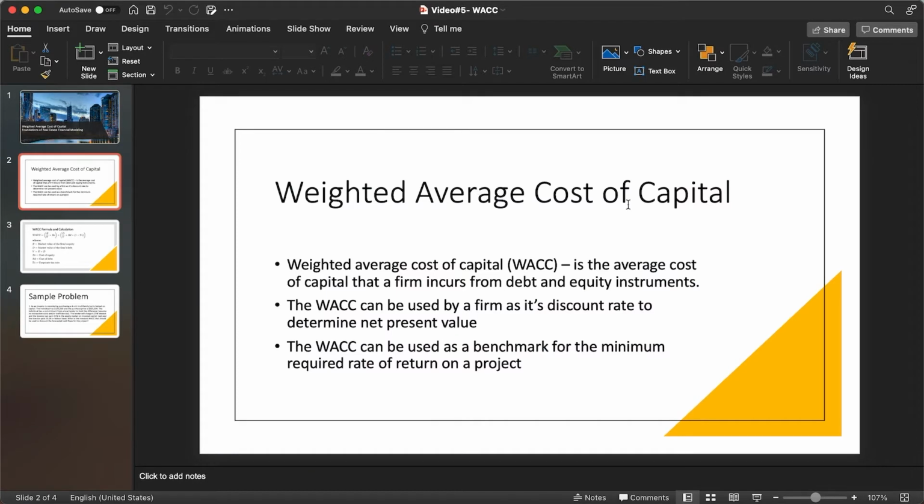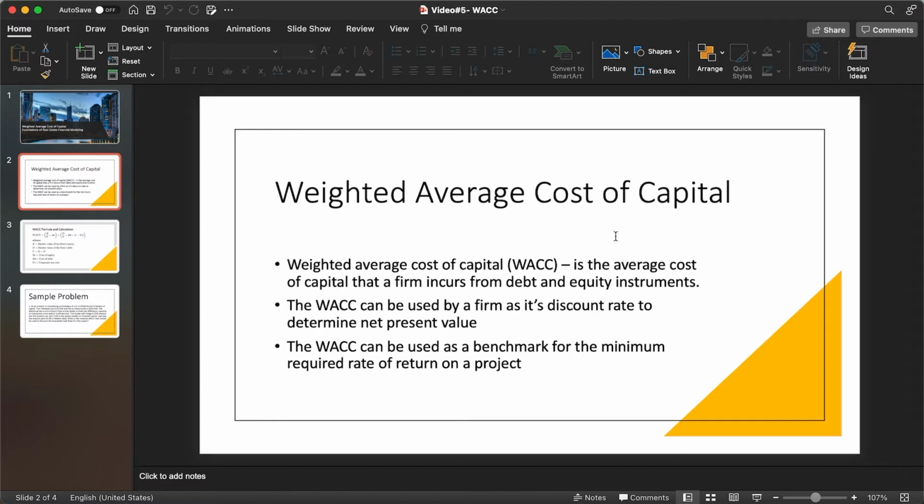So the weighted average cost of capital is just what it sounds like. It's the average cost of capital that a firm incurs from debt and equity instruments. In a real estate project, you usually have two main sources of capital: debt and equity, and there's a cost of debt and a cost of equity associated with using your own equity, using somebody else's equity, or taking out a loan from a bank.